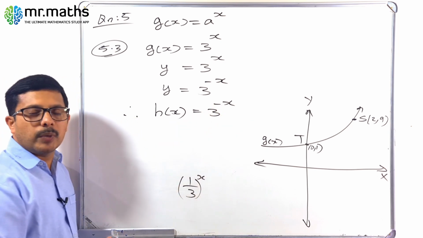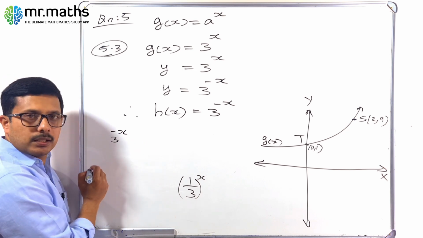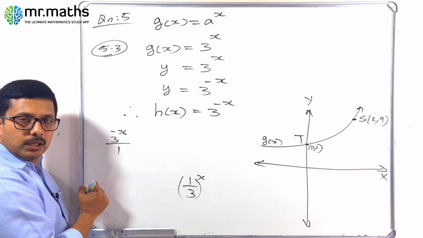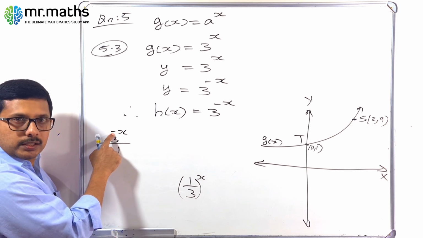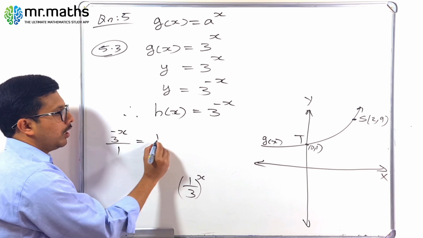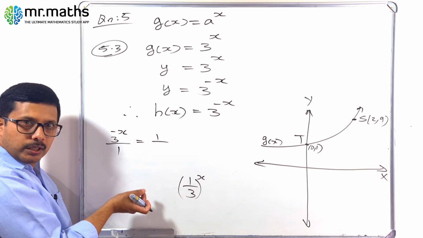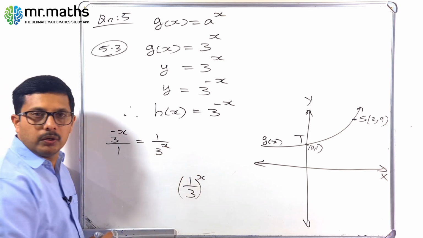How can you write 3 raised to minus x? What is the numerator here? 1. If I want to write this with positive x, what must I do? I take 3 raised to minus x to the denominator. So it is 1 over 3 raised to positive x.